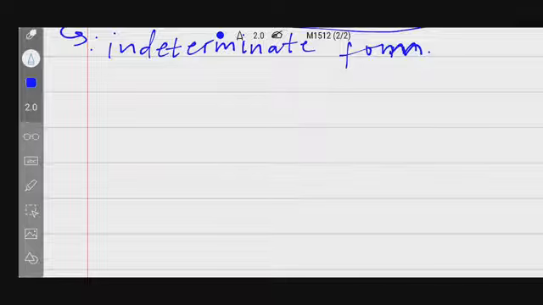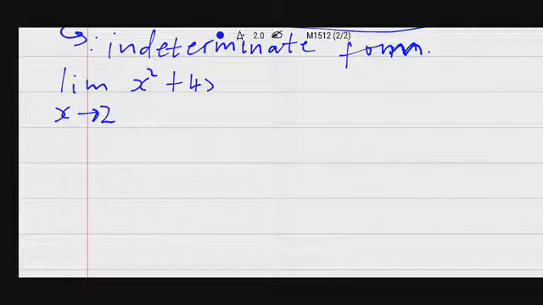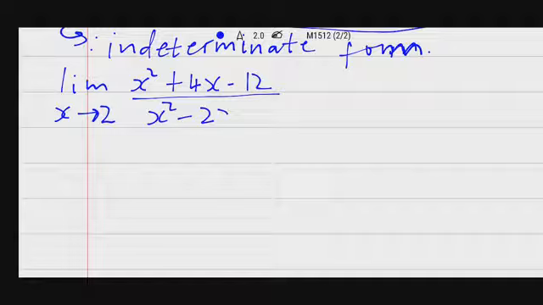One of the things to try is to factorize, because you can see that the top and the bottom can be factorized. So let's see the limit as x goes to 2 of x squared plus 4x minus 12 divided by x squared minus 2x.